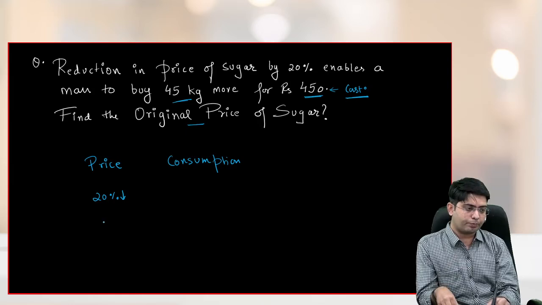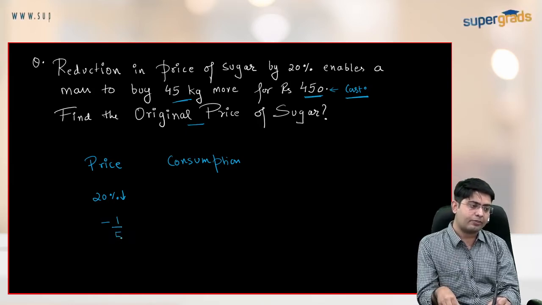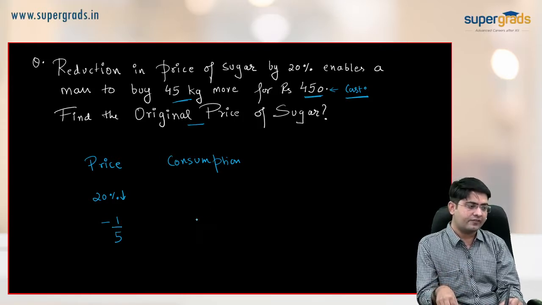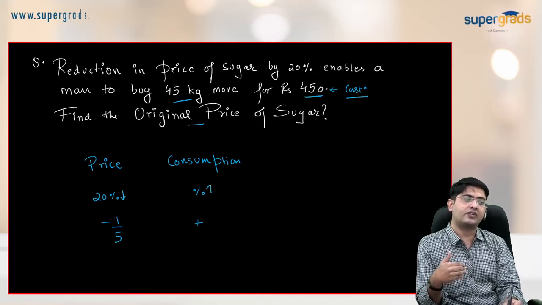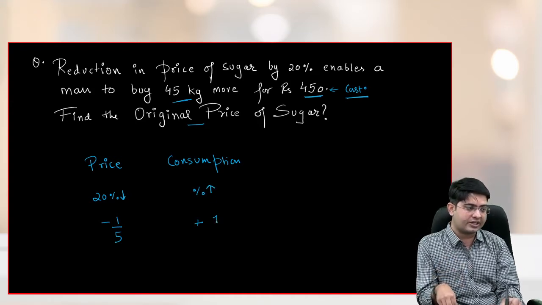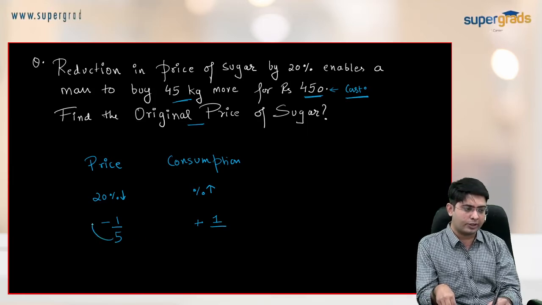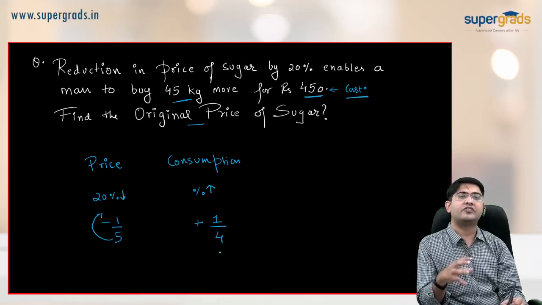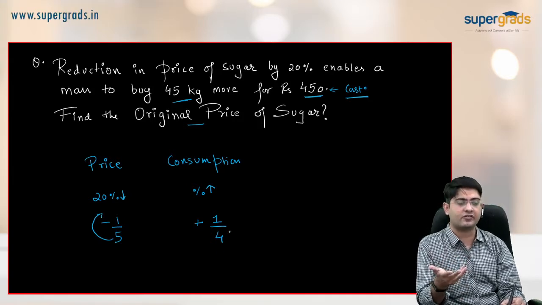So the price is reduced by 1 by 5, because 20% is 1 by 5. We can find the consumption fraction easily. We convert minus to plus because the price has reduced, so obviously consumption will increase. Make the numerator as it is, 1, and from the denominator to the numerator, 5 minus 1 is 4. So consumption will increase by 1/4.